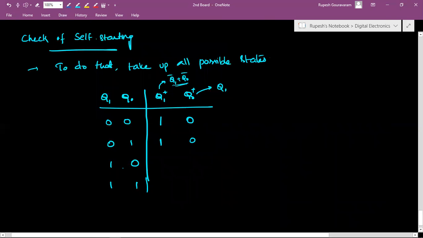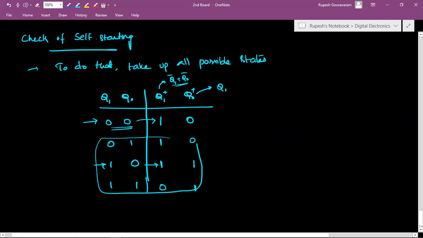Then 1 0: 0 plus 1, that is 1, and Q1 is 1, so it becomes 0 1. That means whenever the counter goes into the unused state 0 0, it goes to 1 0. From 1 0, it restarts the cycle and the cycle continues properly.